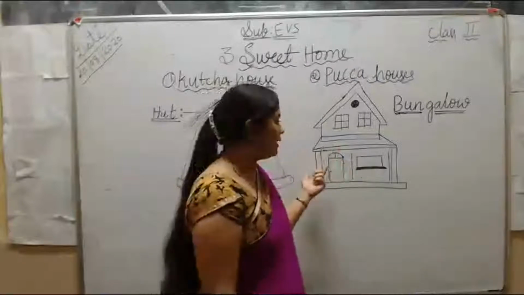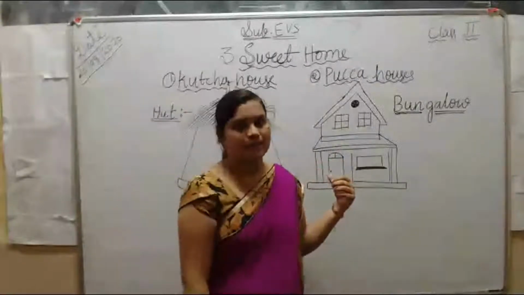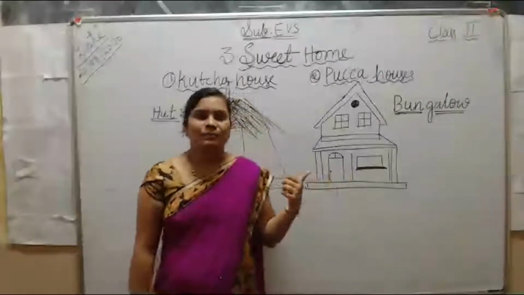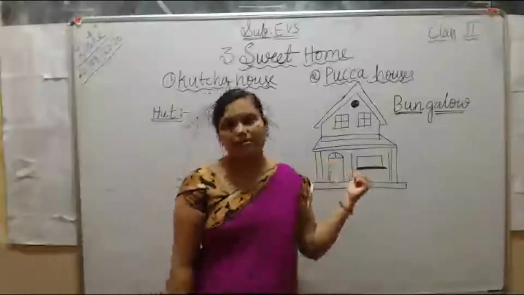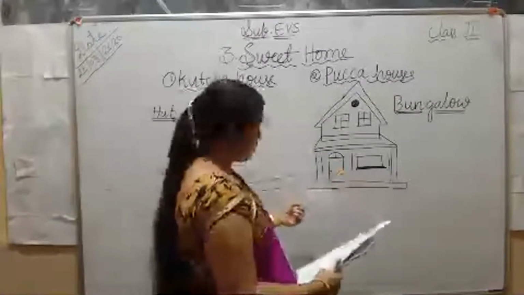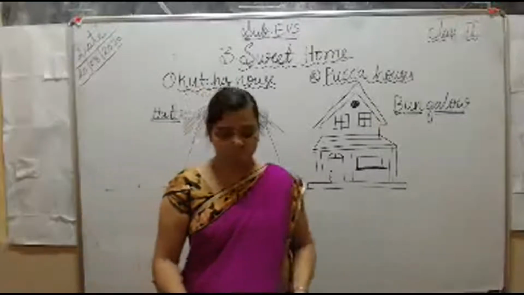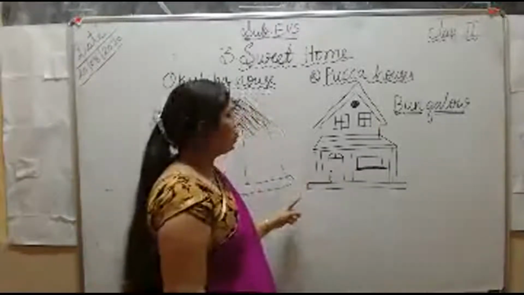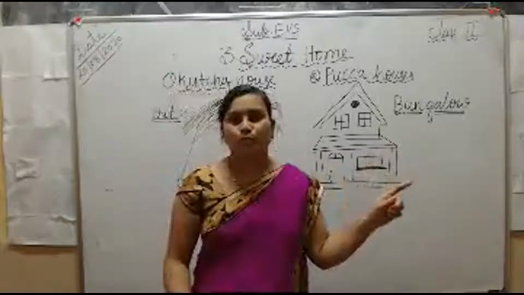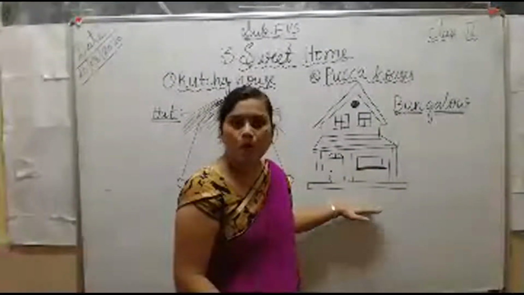They stand strong against storms and rains. The rain and storm will not damage this Pakka house. We cannot move these houses from one place to another place. They are fixed at one place.